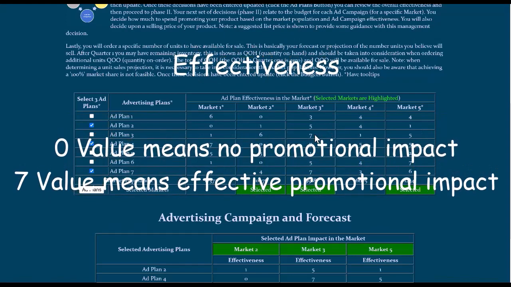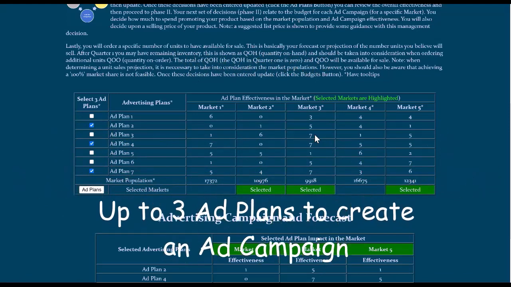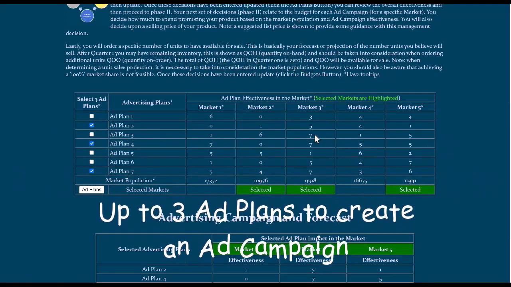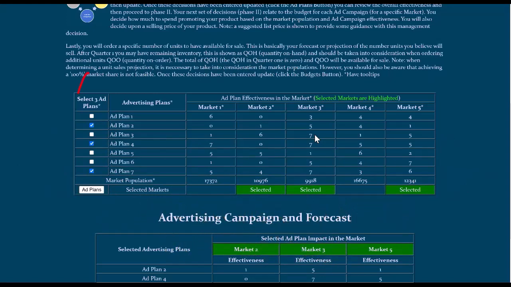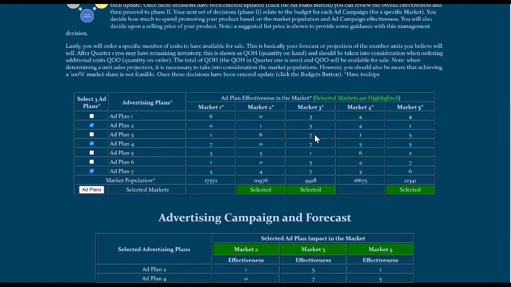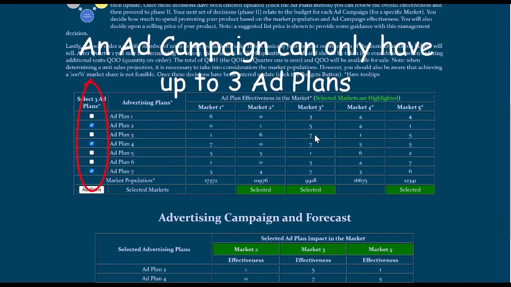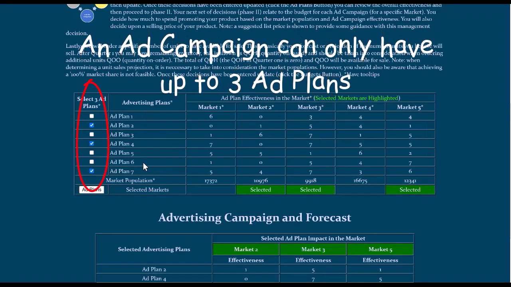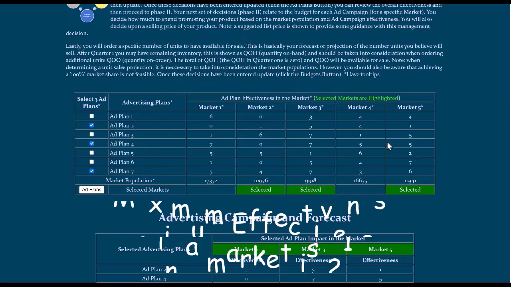And so when we create our advertising campaign, which is made up of 3 advertising plans, our goal is to select effectiveness that will allow us to employ our budgetary dollars to the greatest use. Now, since we only have 3 ad plans that we can select, the maximum effectiveness is 21.